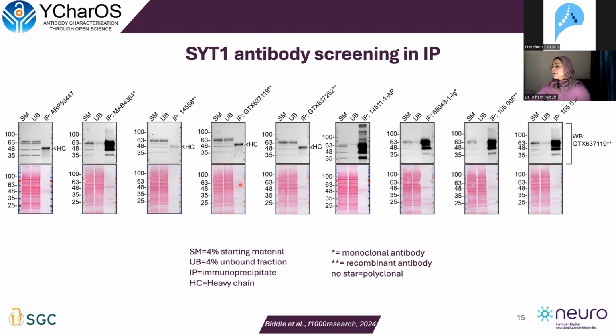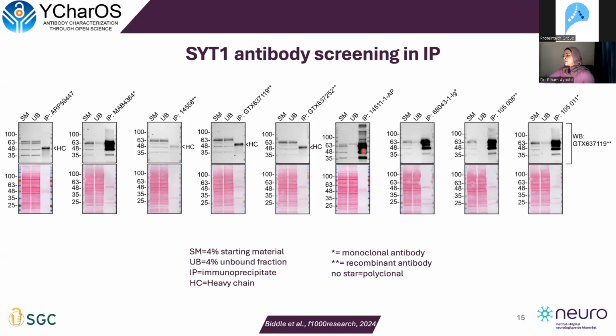Unbound fractions are the lysates that were not captured by the antibody in the IP and inform us about the efficiency of the immunoprecipitation. For example, this antibody successfully captured synaptotagmin-1 in the IP, depleting it from the unbound fraction. But this antibody, for example, did not capture synaptotagmin-1, and it remained in the unbound fraction.